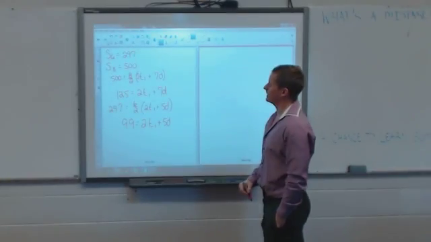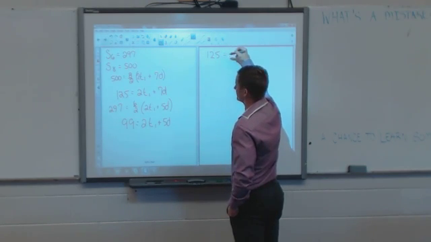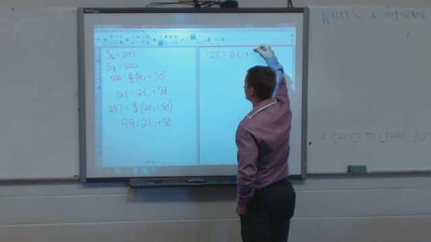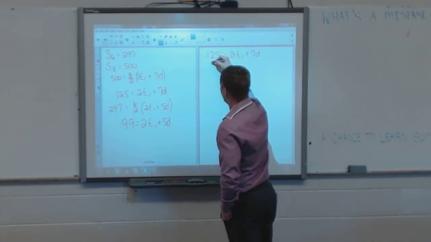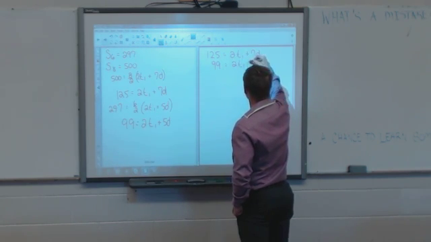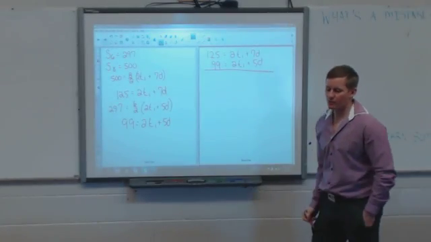So now I'm going to do the same steps that I did in the last section with the sequences, sorry. 125 equals 2t1 plus 7d, and 99 equals 2t1 plus 5d. So what did we do in the last one?